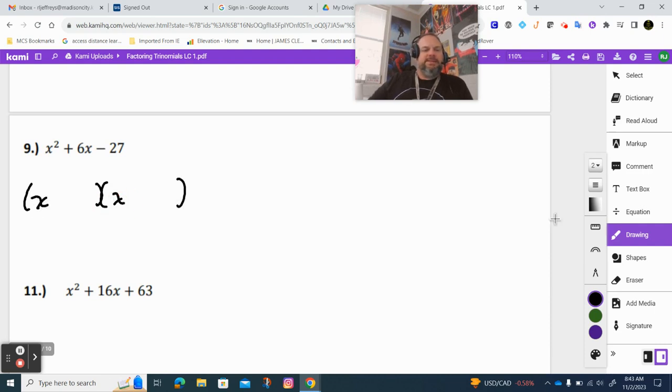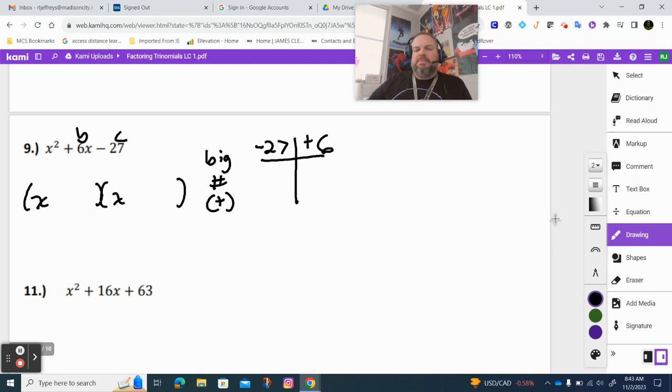X and the X. This is our C. This is our B. All right. 7, positive 6. Signs are different. Our bigger number is going to be positive. Okay. Things that will divide 27.